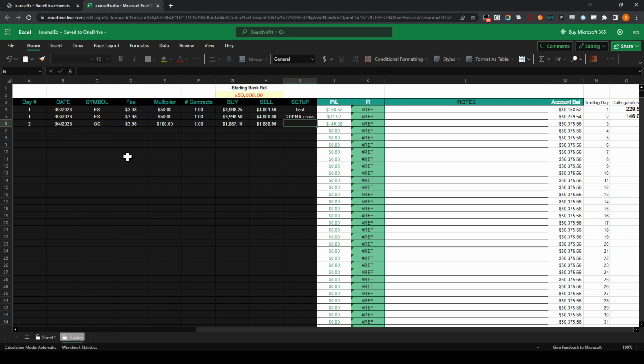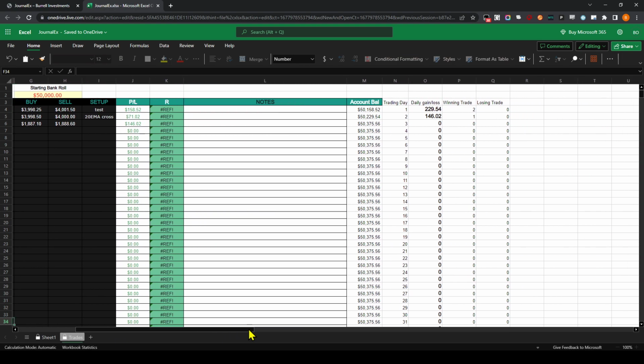And also, before you go to the next page, if you scroll back over to the right, it'll show you have multiple trades on day one, and then one trade on day two. So for your trading day, it'll show you your loss or gain for day one, and how many winning and losing trades.